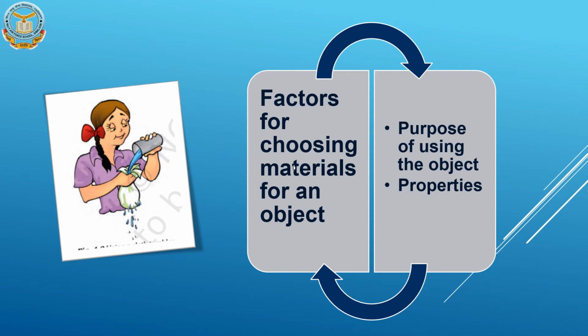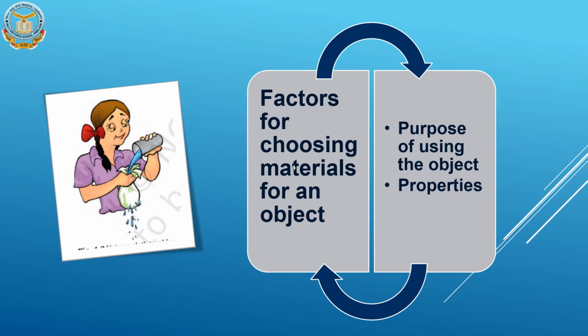Have you ever wondered why a tumbler is not made with a piece of cloth? We generally use a tumbler to keep a liquid. Therefore, would it not be silly if we were to make a tumbler out of cloth? What we need for a tumbler is glass, plastic, metal, or other such material that will hold water.